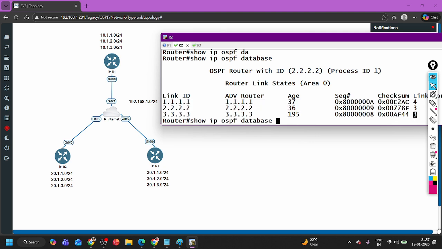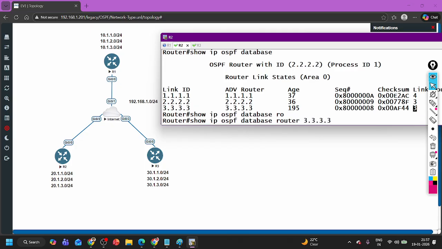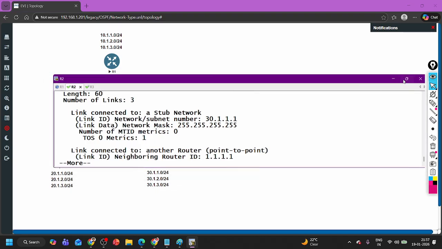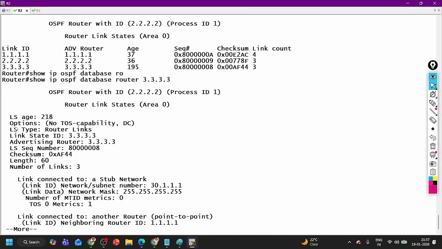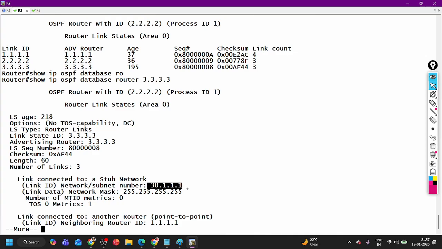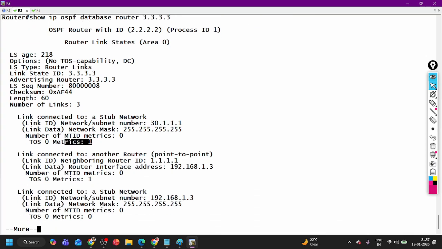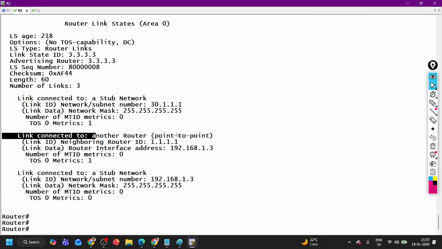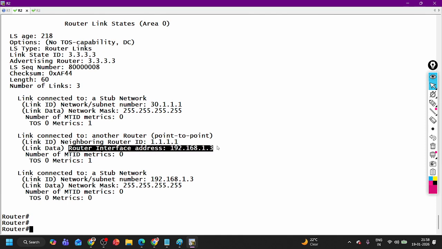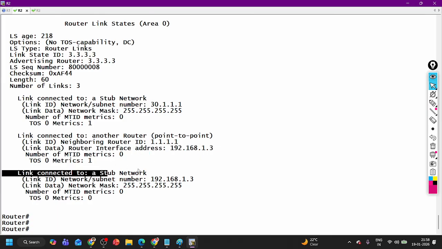If we open this router LSA of 3.3.3.3, this is the header, advertising router, and 30.1.1.0 subnet mask, metric, and neighbor 1.1.1.1, and here you can see a router interface IP address and another stub network.